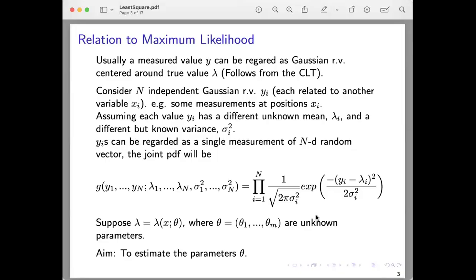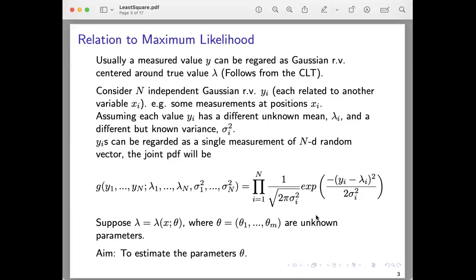So you have n measurements of such Gaussian random variable yi, which is some function of xi. For example, you are measuring some temperature as a function of time. These yi's are drawn from a Gaussian distribution where the mean value, the true value, is some lambda i.